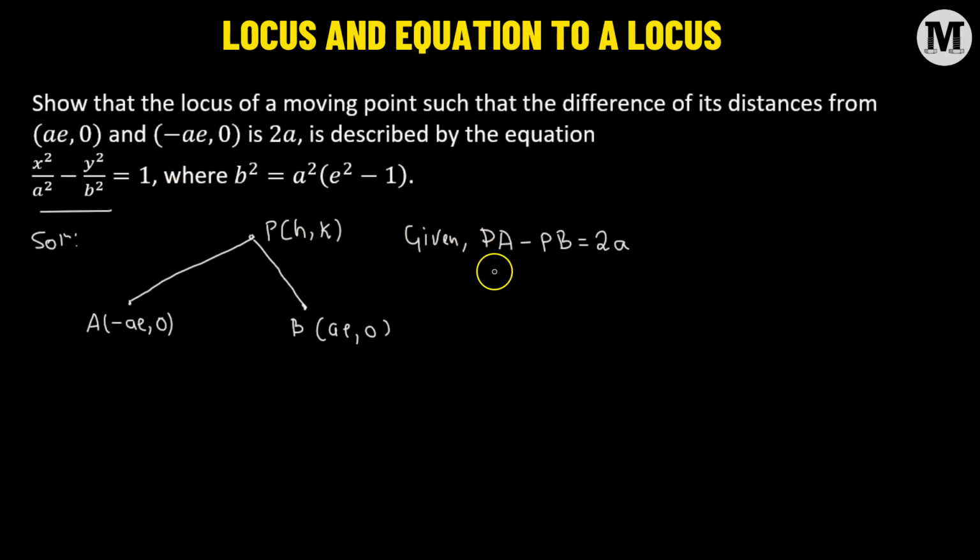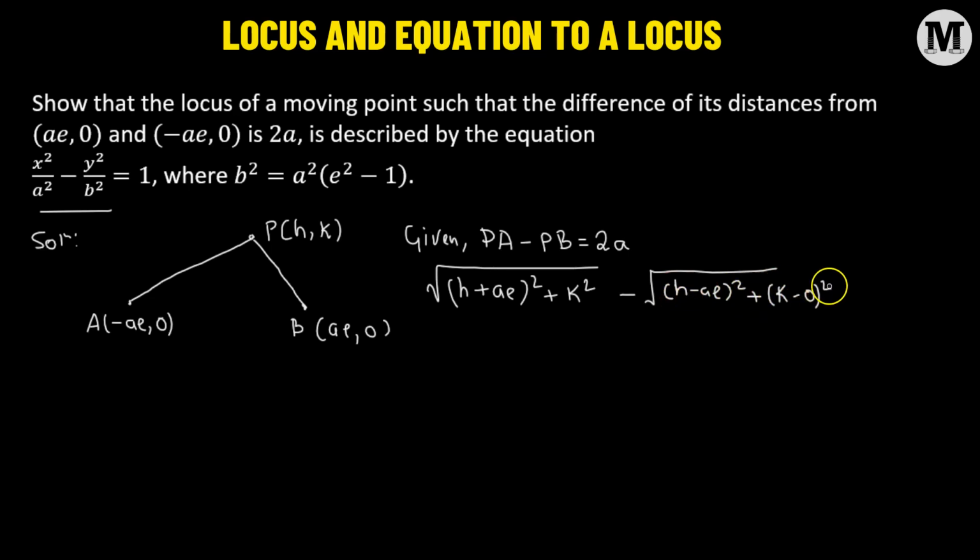Okay, let us begin. So first we'll obtain the length of PA by using the distance formula. So we'll take the square root. Underneath the square root we have (h plus ae) squared added to (k minus 0), so that's k squared, minus the square root of (h minus ae) squared plus k squared. All we are doing is taking the difference of the x coordinate, squaring it, and then adding it to the difference of the y coordinate, k minus 0, and squaring it.